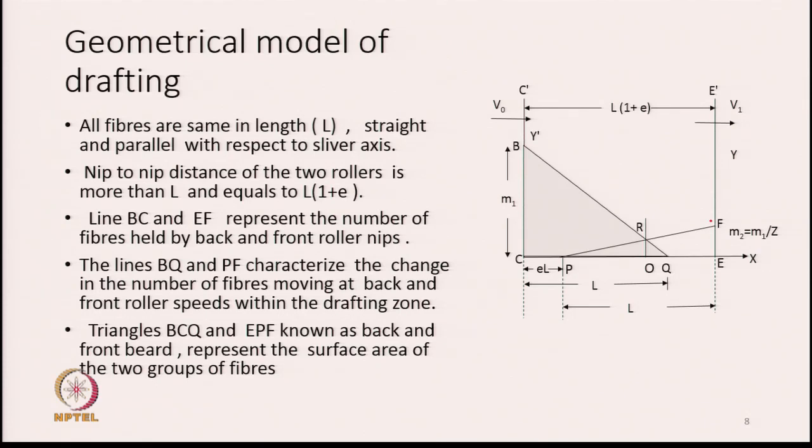The triangles BCQ and EPF are known as the back and front beard and represent the surface area of the two groups of fibers.